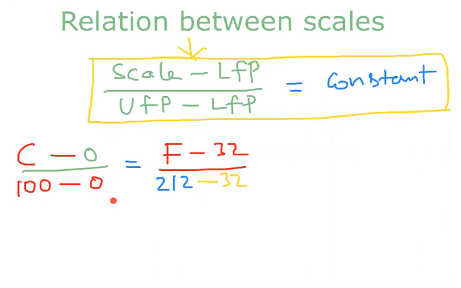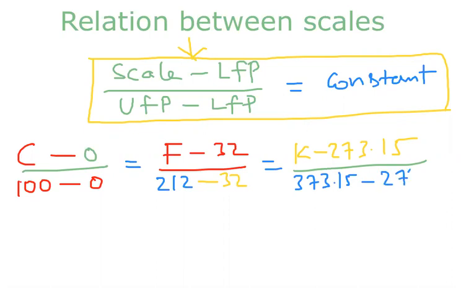Now coming to the Kelvin scale. Kelvin scale: the lower fixed point is 273.15, and the upper fixed point I can write as 373.15 minus 273.15. So the first is the Celsius scale, the second the Fahrenheit scale, the third the Kelvin scale.